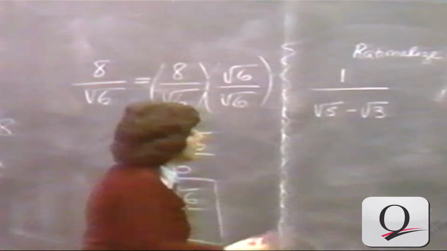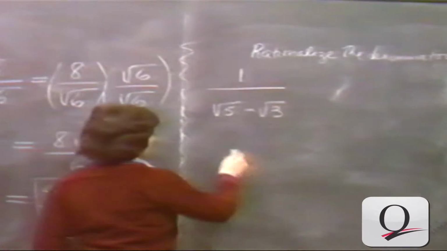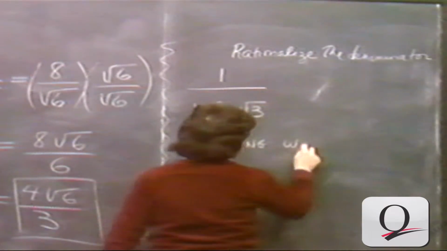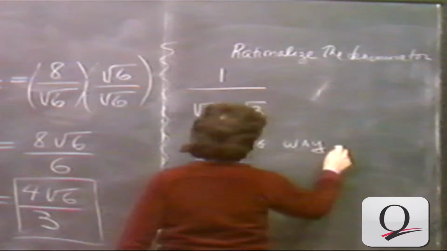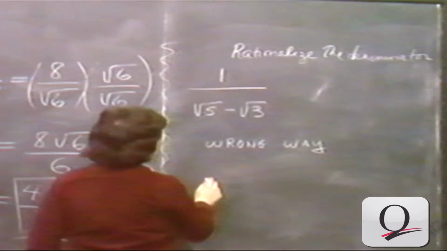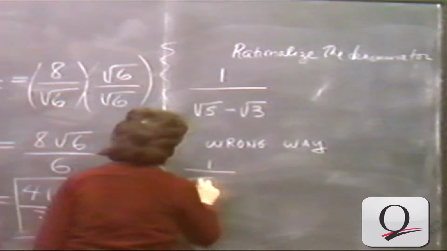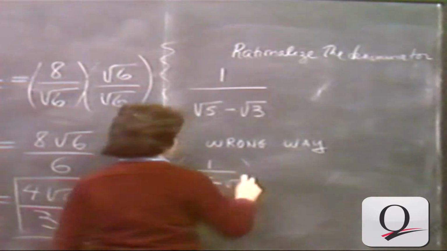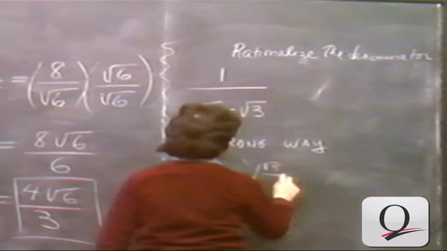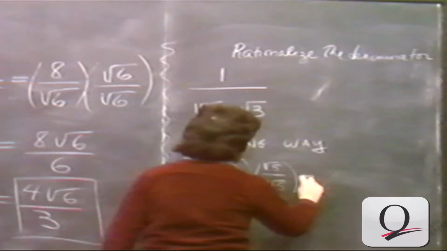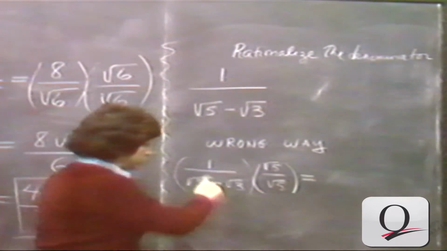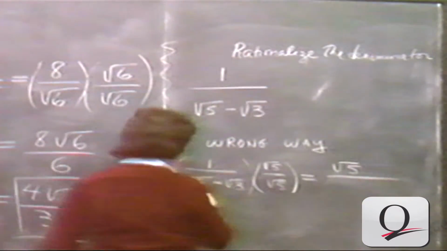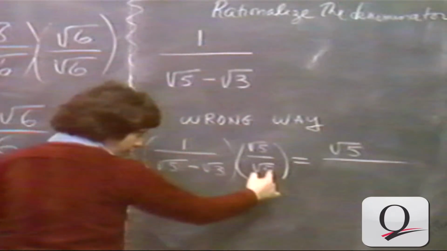If you tried, for example, these are wrong ways to do it. If you multiplied, say, top and bottom by the square root of 5, that wouldn't help, because that would give you on the top the square root of 5, and on the bottom, the square root of 5 times the square root of 5, when you distribute the square root of 5.